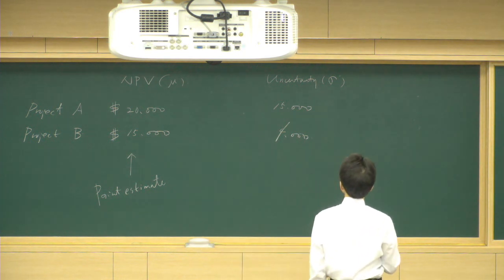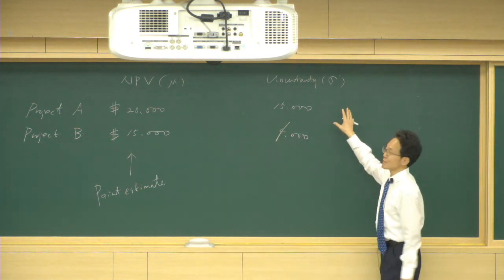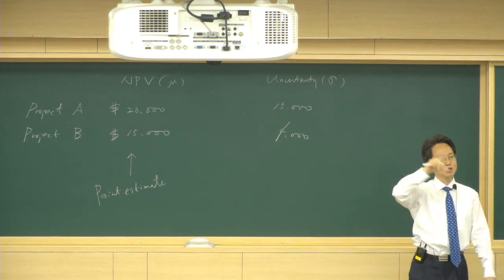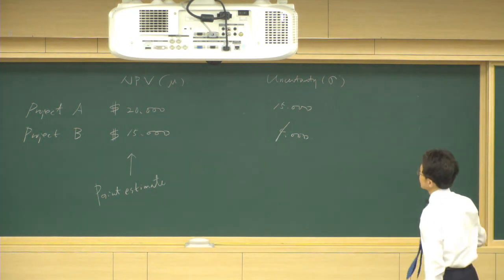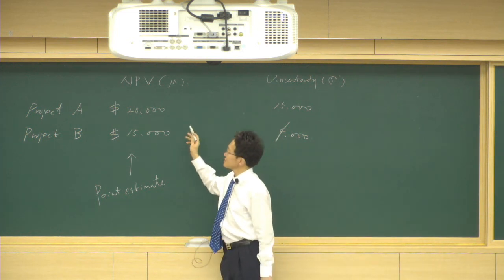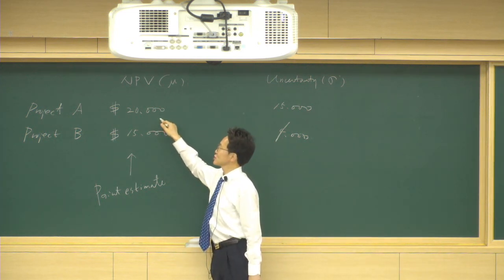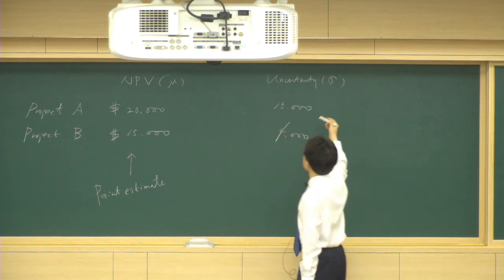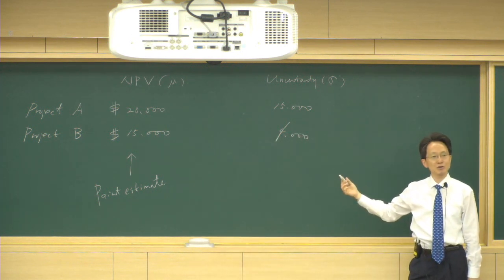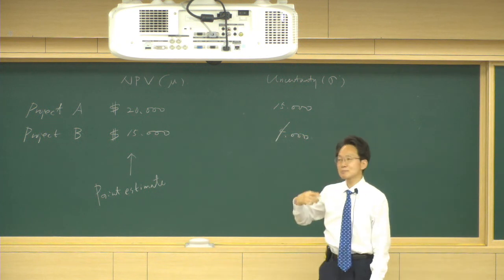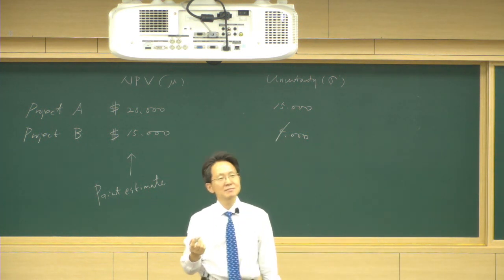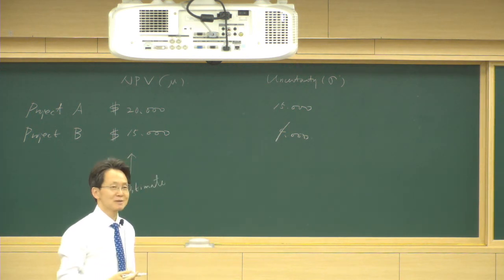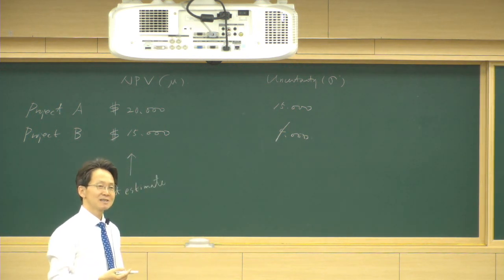Jiwoon said that if we have this information, it is obvious to choose project A. But when you have extra information about uncertainty, does that make you change your mind? Okay? Then which one you want to choose? Why?